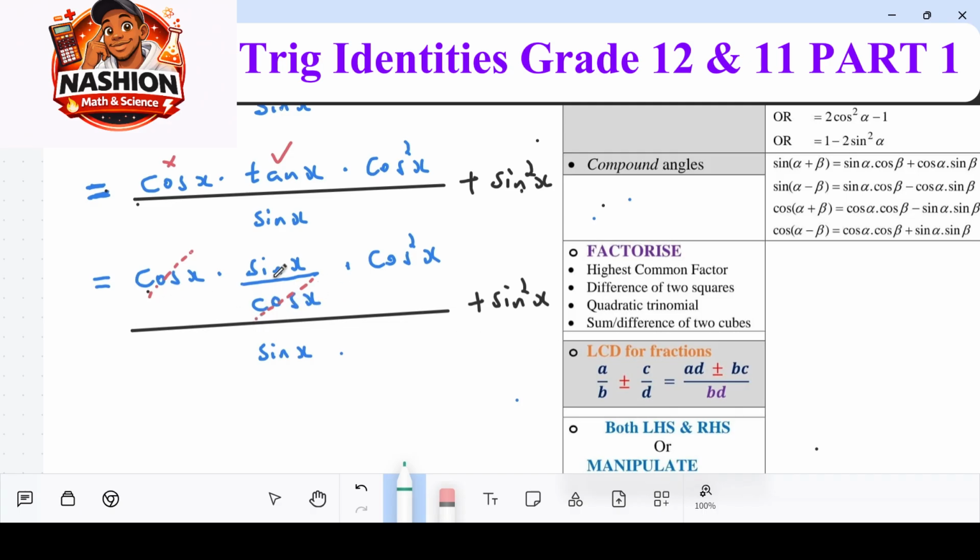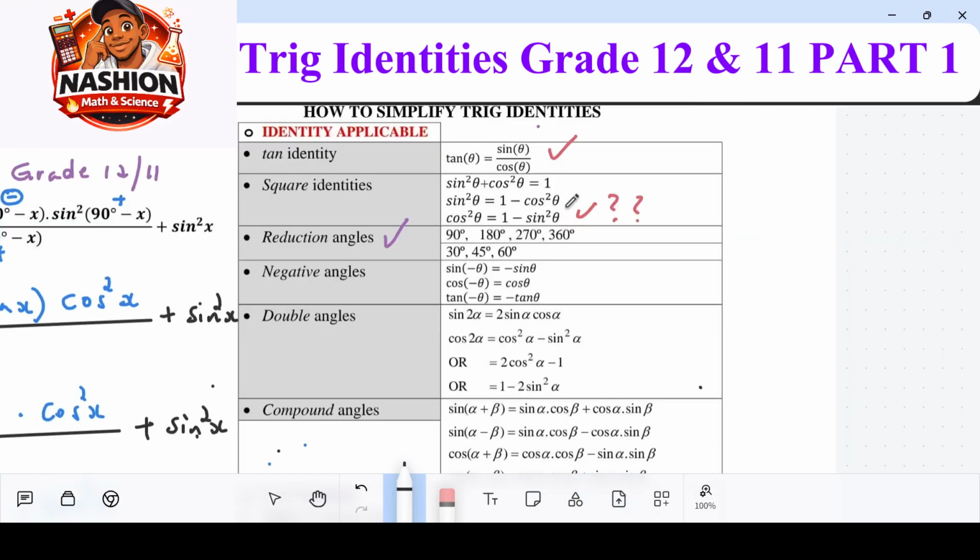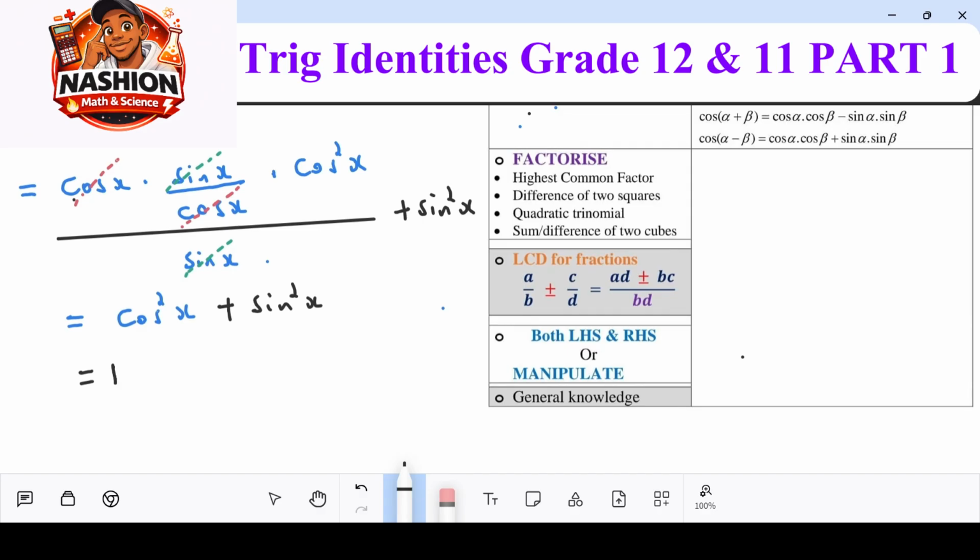What do we have left? We are left with this sine x, which will cancel out the sine x at the denominator right there. And in this entire fraction, we are left with cos squared x, which is now adding up with sine squared x. Cos squared x plus sine squared x, that's what we call square identity, and the final answer is equal to 1.